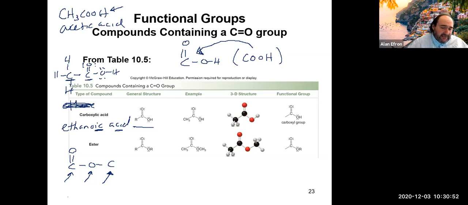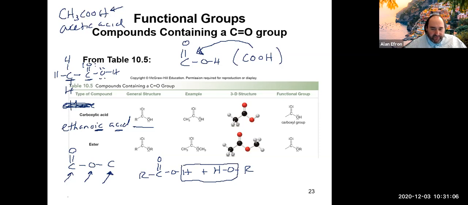And that is because an ester is really made from the combination of a carboxylic acid plus an alcohol. And you basically take out water, and then you get your ester formed. This is a reaction which is known as an esterification reaction.